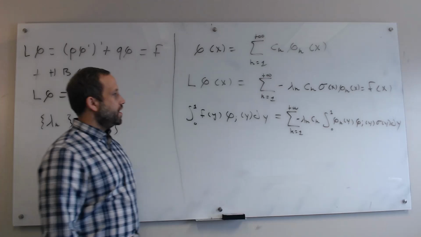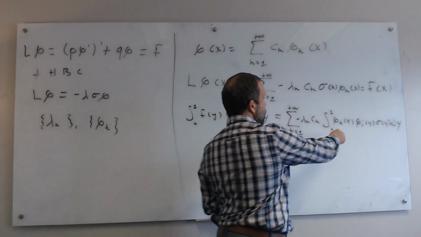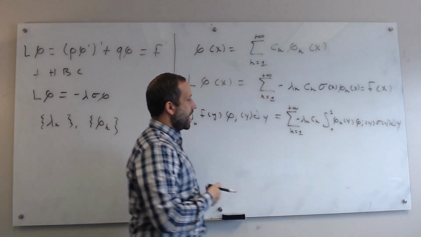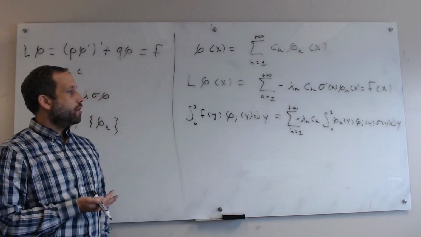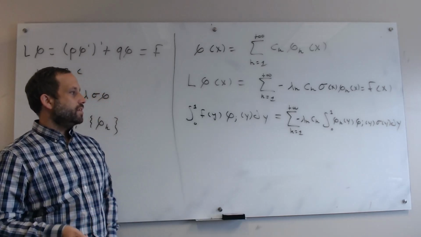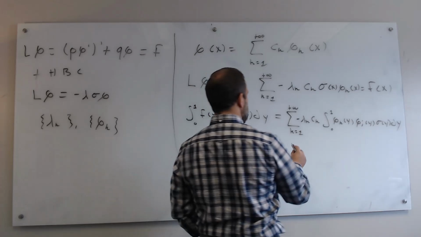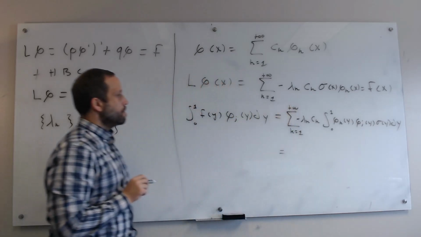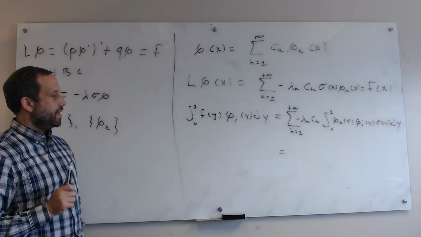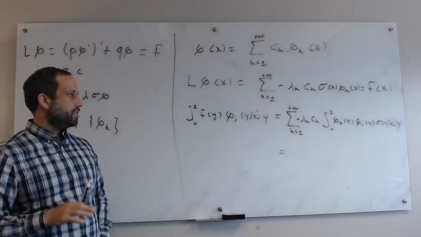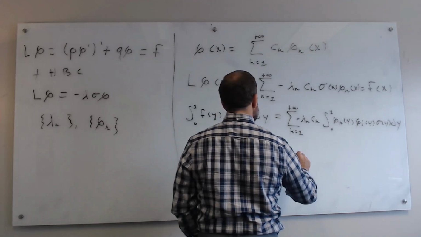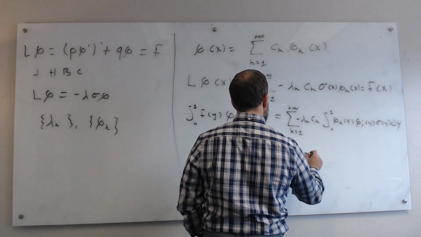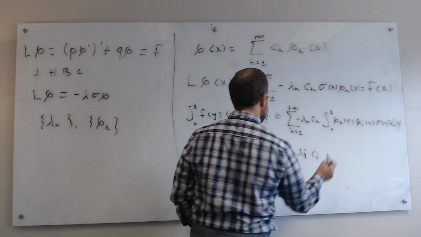Okay, now the integral of phi k and phi j: if k is not equal to j, that's equal to 0. If k is equal to j, that integral is equal to 1. And so what we're left with is that the sum is only non-zero when k is equal to j, in which case we get minus lambda j cj.